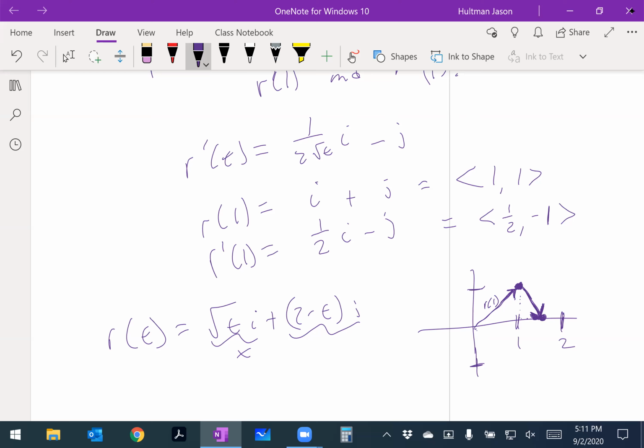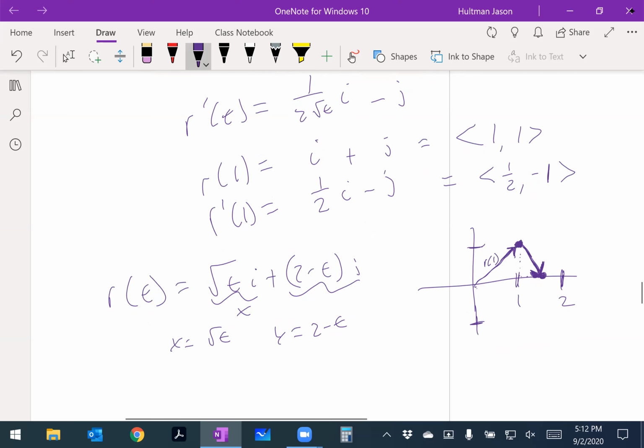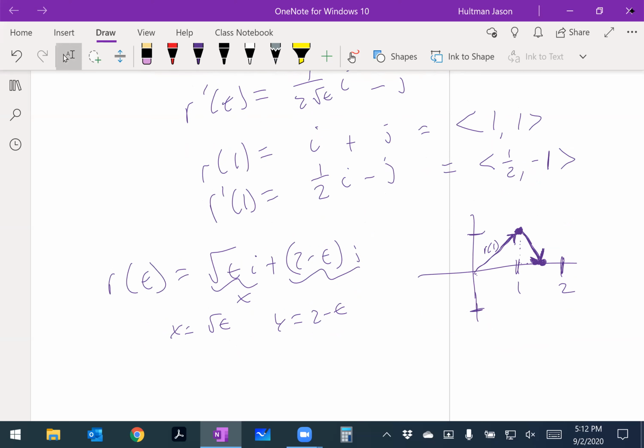Okay, so what does this curve really look like? In a way I could graph this curve. I could say that x is equal to radical t, y is equal to 2 minus t, right? So what is t equal to? Isn't that equal to x squared? So wouldn't this be y is equal to 2 minus x squared?